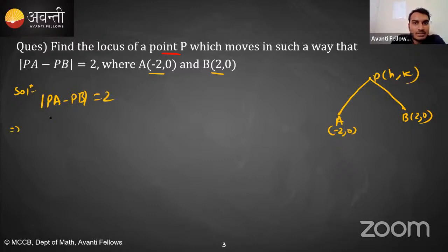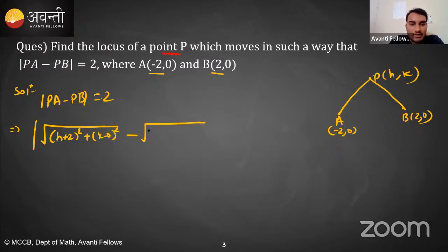Okay, simple. First tell me, what is the PA distance? Using the distance formula, PA is under root of (h plus 2) whole square plus (k minus 0) whole square. What is PB? Again using the distance formula, PB is under root of (h minus 2) whole square plus (k minus 0) whole square.